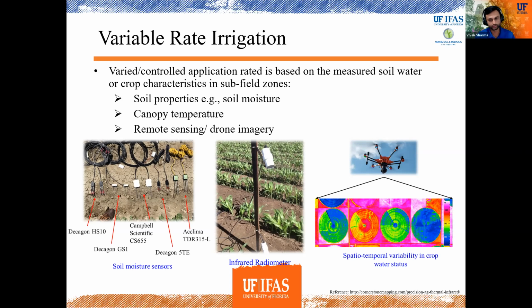The other is drone or satellite imagery. We can use those imageries to sense a property, for example, NDVI or leaf area index or crop evapotranspiration, and then we can use that map as a source of input for the variable rate irrigation management zones. But these properties or these instrumentation we can use throughout the growing season, but there are some prerequisite conditions which also allow us to use the variable rate irrigation system.